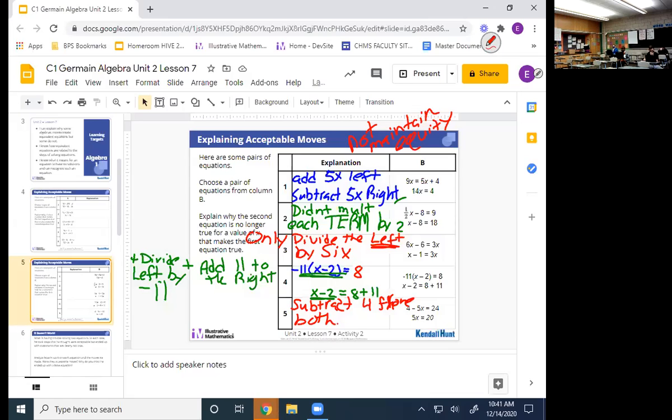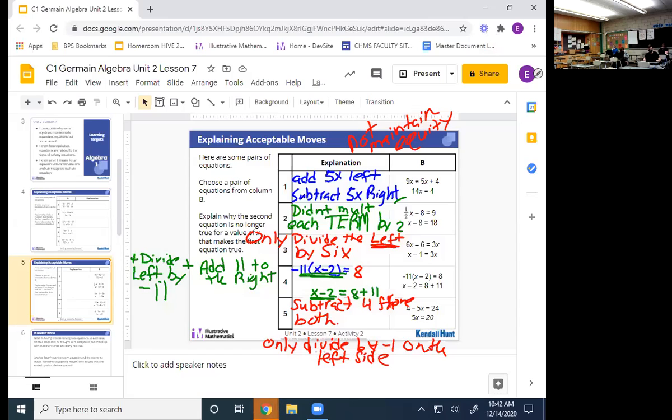What we did to flip that sign, in math terms, we could say divide by negative 1, right? So we only divided by negative 1 on the left side.